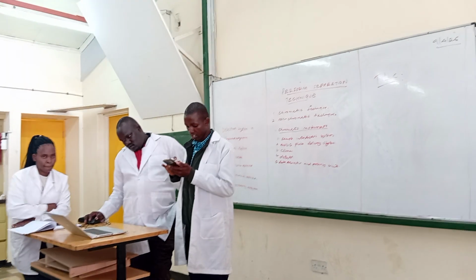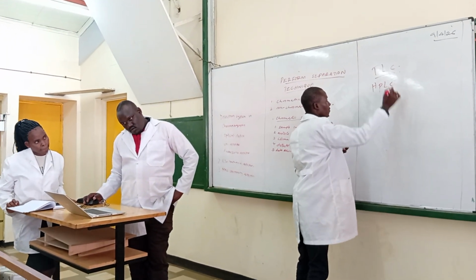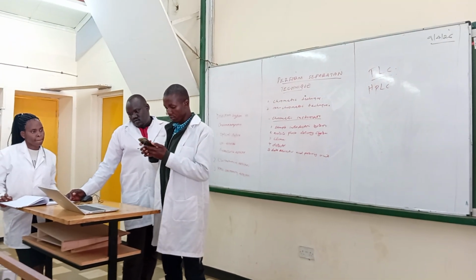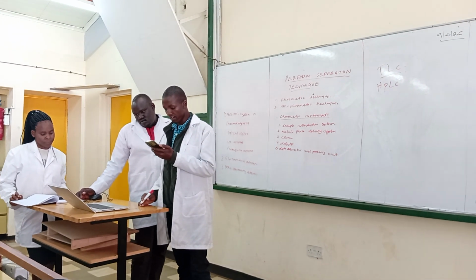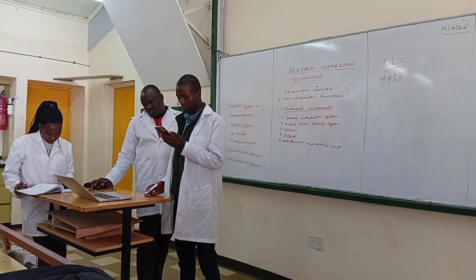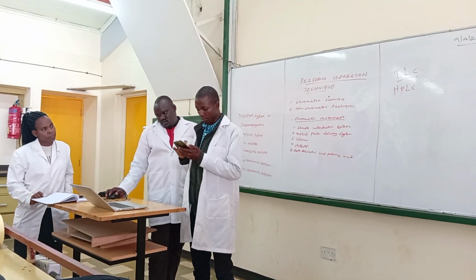And when we check HPLC, it uses high pressure pumps to deliver a liquid mobile phase through a column packed with a small particle stationary phase.